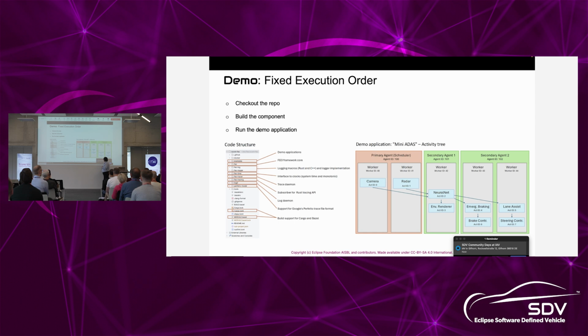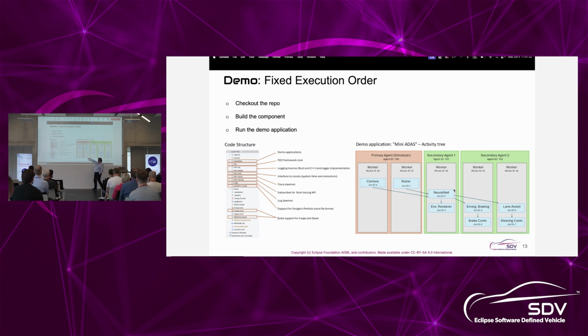And here we have the community data. We have a demo application that portrays that implementation, basically, right? Details not too important, but it is an automotive application that has different activities running, that have dependencies and have to run after each other and stuff. So there's a certain execution graph modeled.